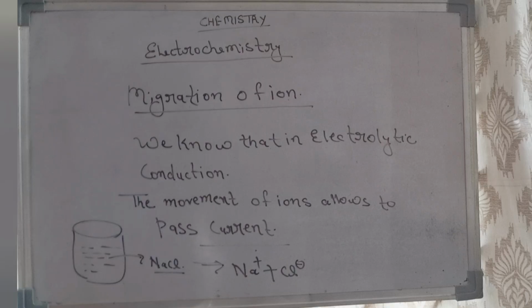Not only salts are considered electrolytes; acids and bases can also break into their constituent particles and give you the ion form. Salts give you the cation and anion, but acids and bases also give ions: the hydroxide ion from bases, and the proton, which means H plus, from acidic mediums.